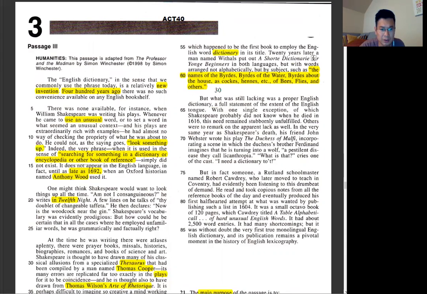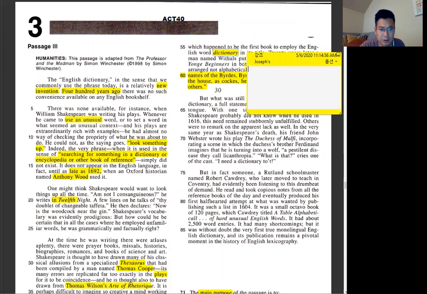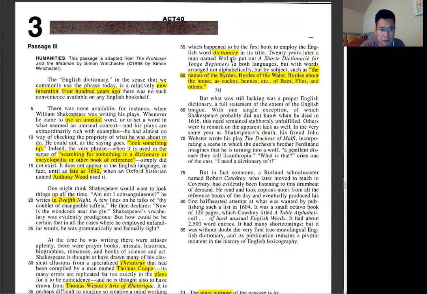And then 20 years later the name Withals put out a short dictionary for young beginners in both languages, but the words were arranged not alphabetically but by subject. The names of birds, and then words, and then the hours, and then the bees and flies and others.